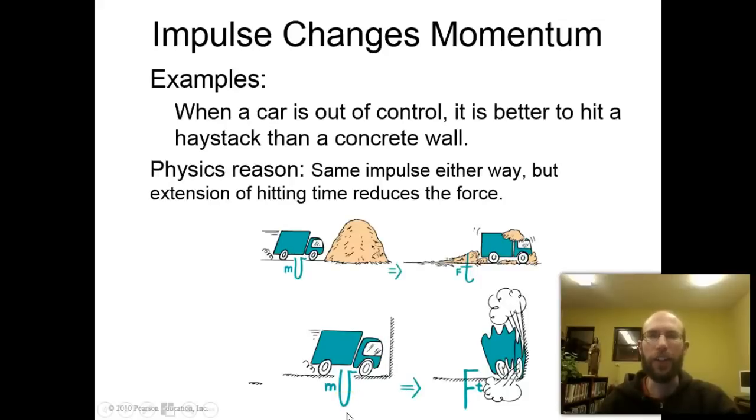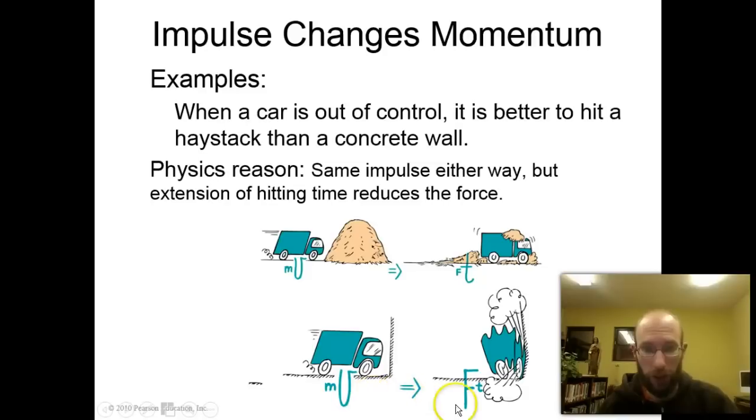Common sense tells us that it would be better to hit a haystack than a brick wall when you're in a collision, but physics tells us why. A fixed change in momentum requires a fixed impulse, but the longer the time interval of the impulse, the smaller the forces involved, right? Small force, long time interval, fixed change in momentum.